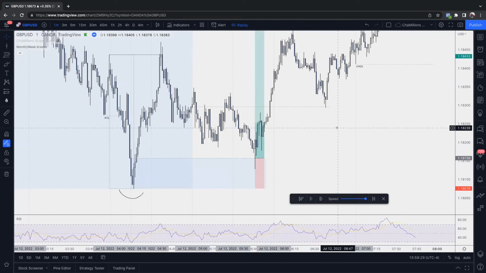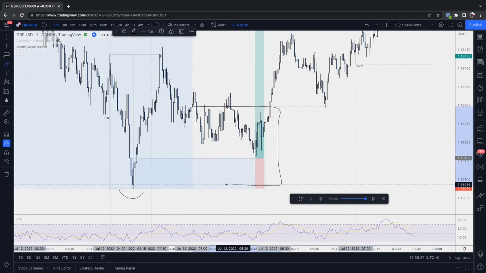So in the midst of actually creating this H4 potential wick here, within the last 30 minutes of the hour candle that's doing so, we mitigate the point of interest.